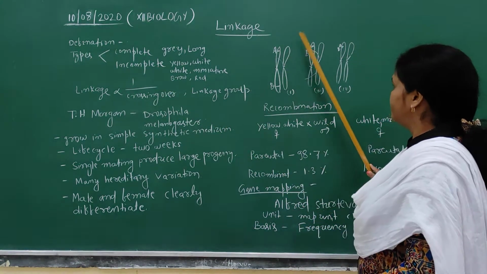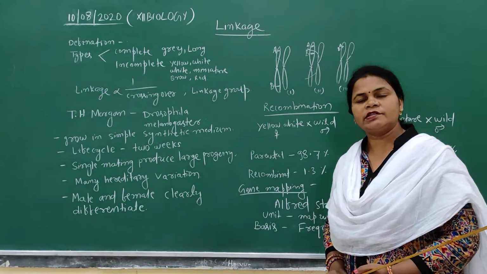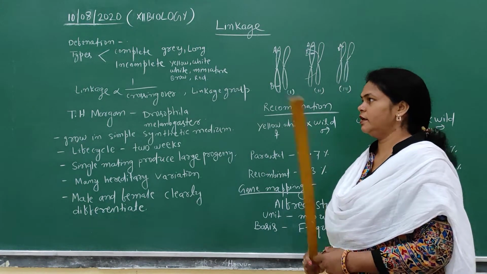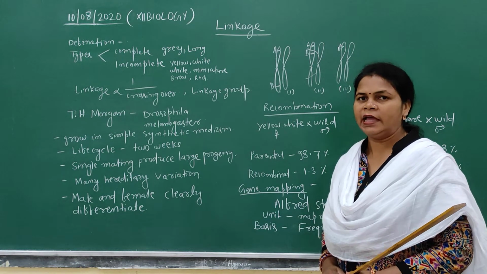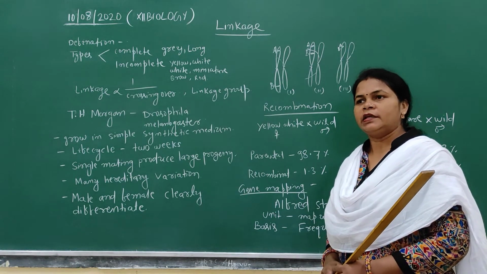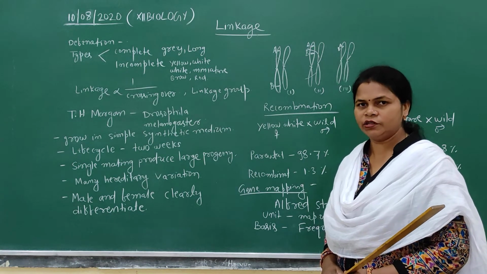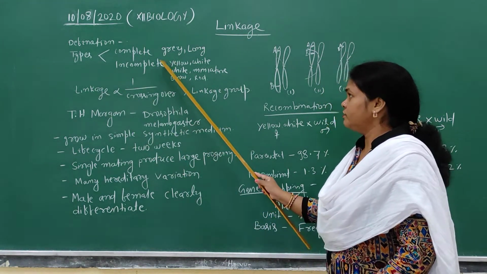Incomplete linkage means the two genes are slightly or distantly located from one another, so there are more chances of crossing over between them, and the recombination frequency in incomplete linkage is more.